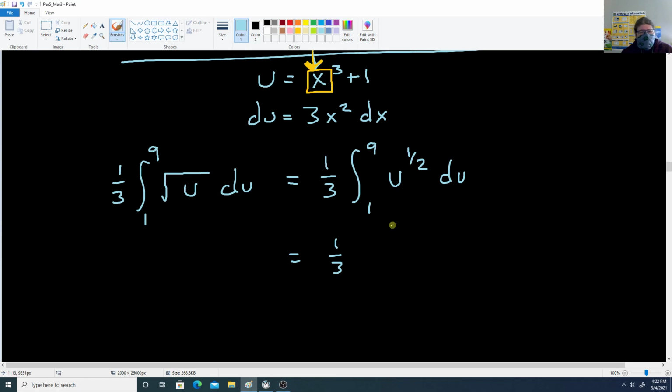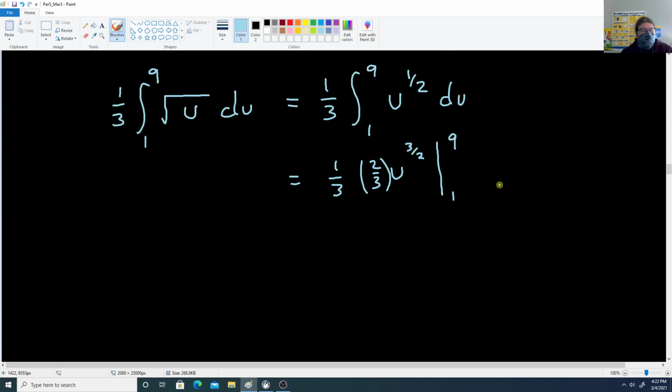Now I'm ready to integrate. I'll have a u to the 3/2, and then I need a 2/3 out front, all evaluated from 1 up to 9. So I have 2/9 u to the 3/2 evaluated from 1 up to 9.